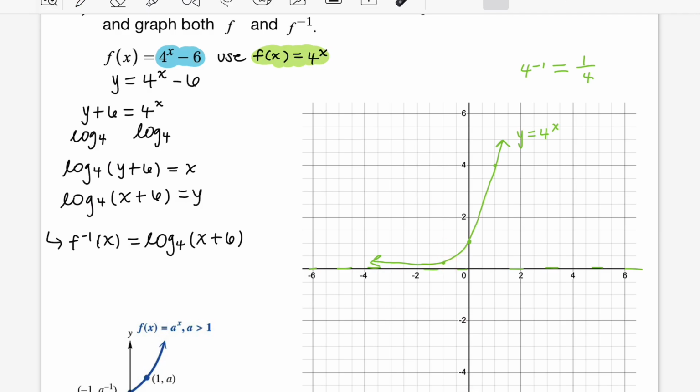Doing the same with this point here, -1 and 0.25, we'll get this point here. And then shifting this one 6 units downward, we'll get that point there. And since we shifted this guy 6 units downward, our horizontal asymptote also shifted 6 units downward, so right here, at the line y is equal to -6. So our graph for our function f is given by this guy here.